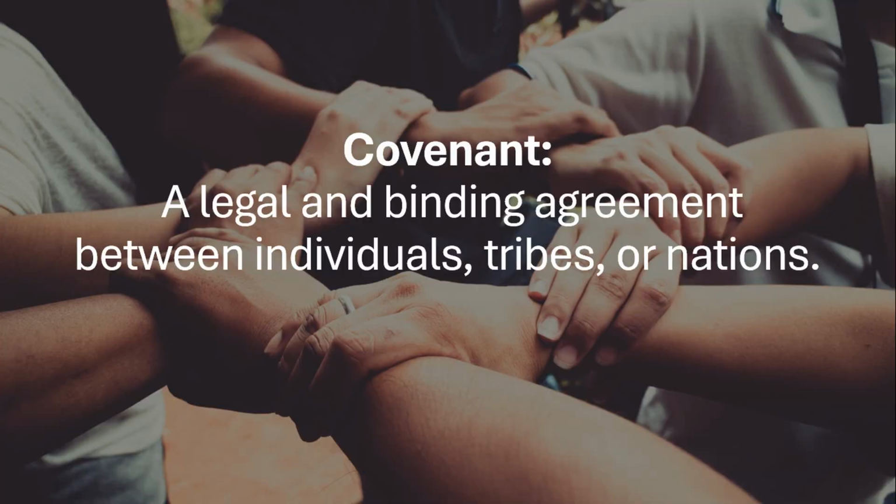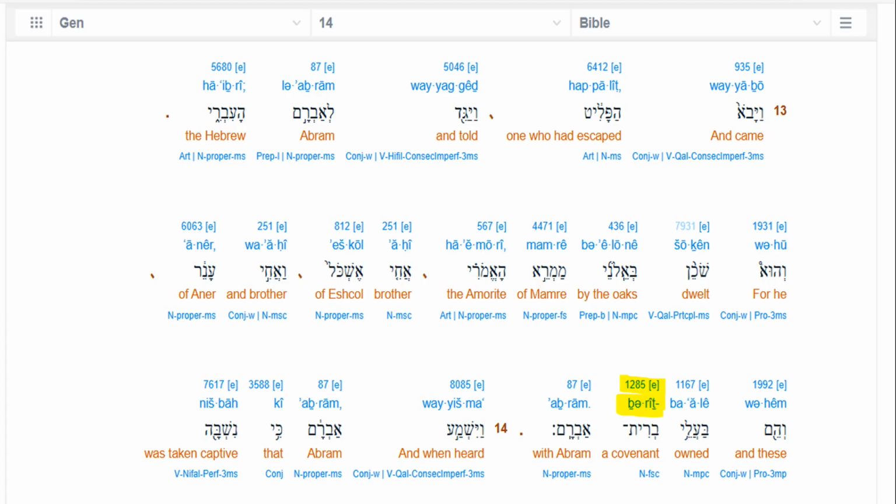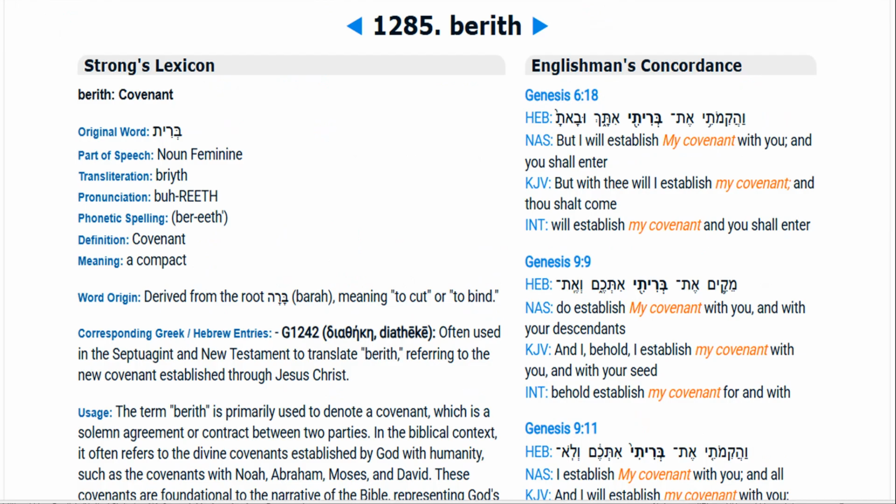Okay, the word covenant, and I know I'm doing some definitions that really don't make any sense to you, but stick with me. So Barit, which is the word for covenant, is Bet, Resh, Yod, Tav. So we know what Bet Resh is. It's the word son. And we know what Yod is, which is hand. It represents work. But this last letter is a Tav.